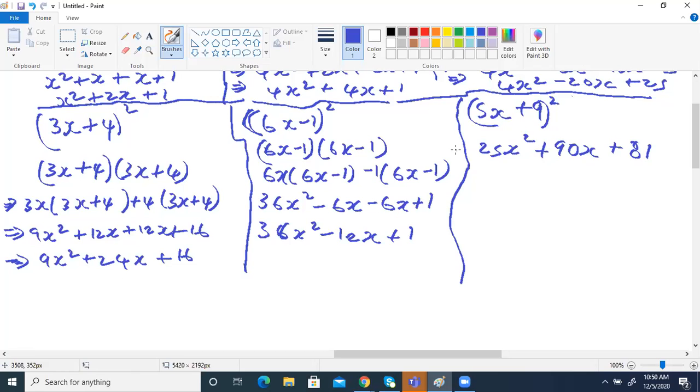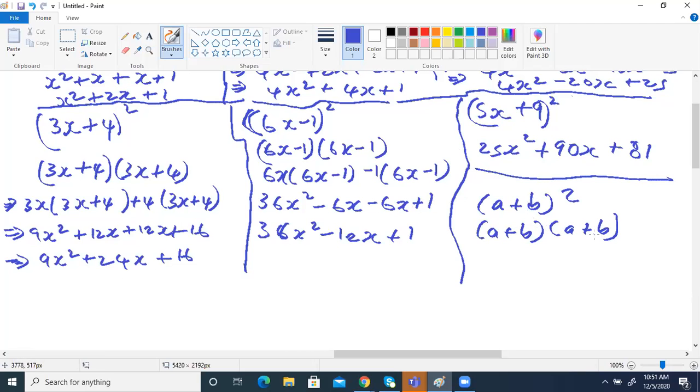Now you guys might say, oh sir, how do you know that? What you do is, if you were to generalize this and say, okay, what is (a plus b) squared? Work it out the long way: it's (a plus b)(a plus b).